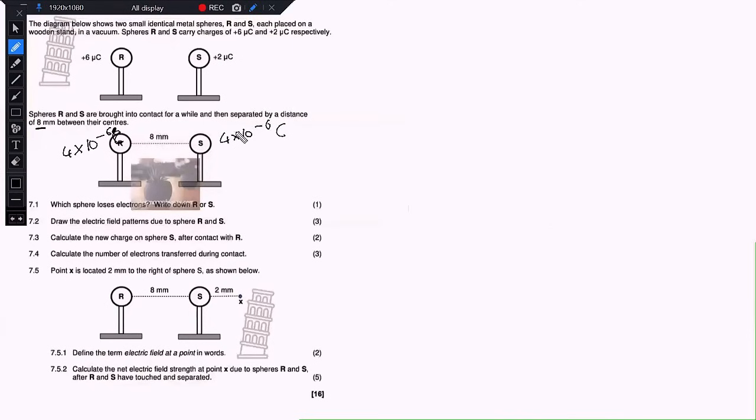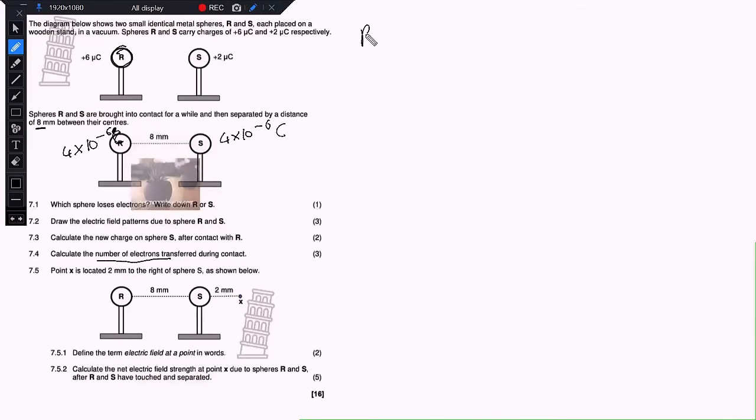Because now at this point, we understand after they've been brought into contact and separated, they now share the same magnitude of charge. But if you want to calculate the number of electrons transferred, it's up to you. You can either reference based on R or you can reference based on S. Now I'm going to do both of them so that you understand how to do them, right?